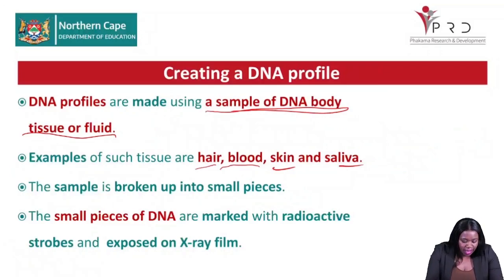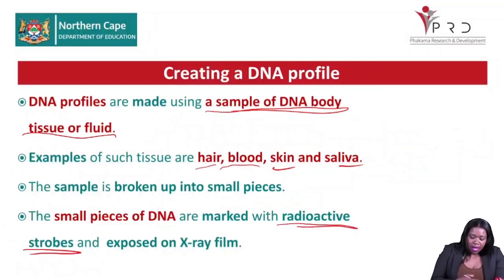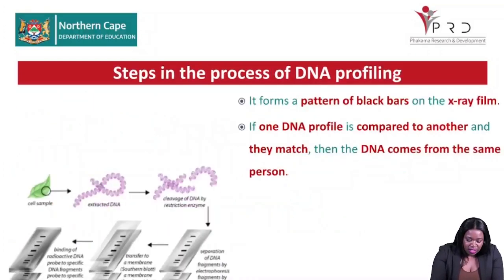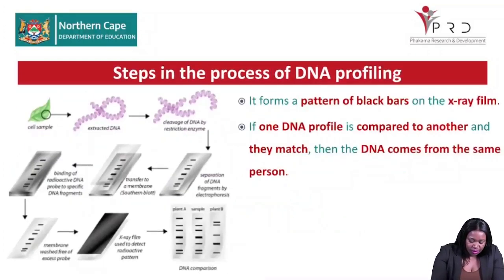So that sample that is taken from the body is going to be broken down into smaller pieces. As it is broken down, the DNA is exposed and it is then marked with some radioactive probes, so that it can leave those black bands that we have seen in the previous slide.